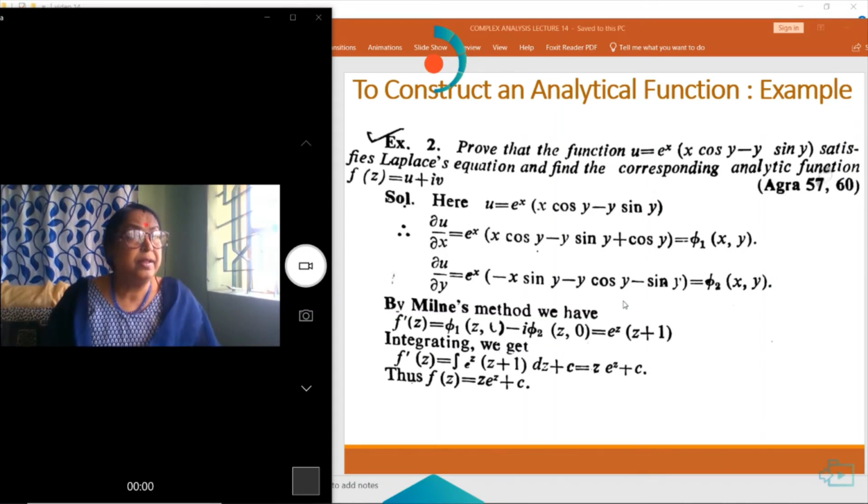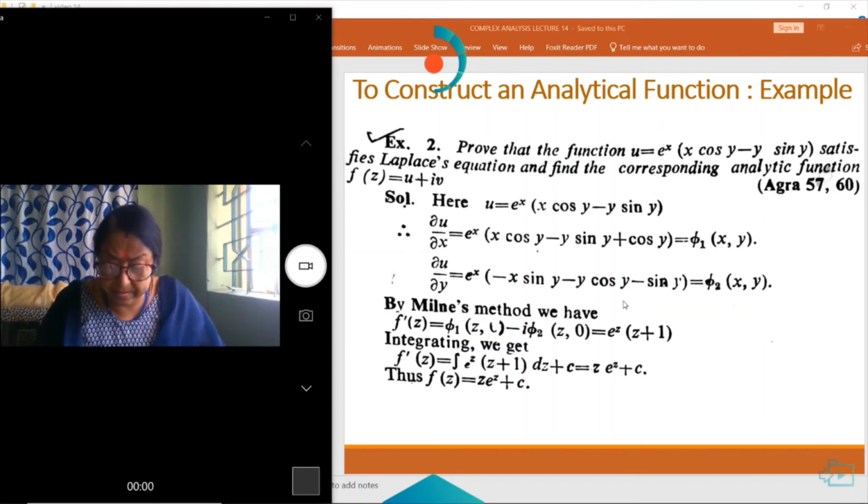Integrating it, we get e^z times z plus c. Thus f(z) = z e^z + c is the analytic function.